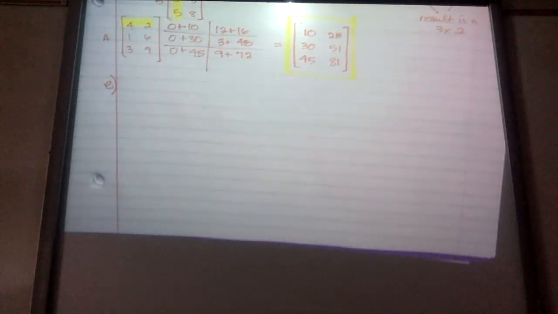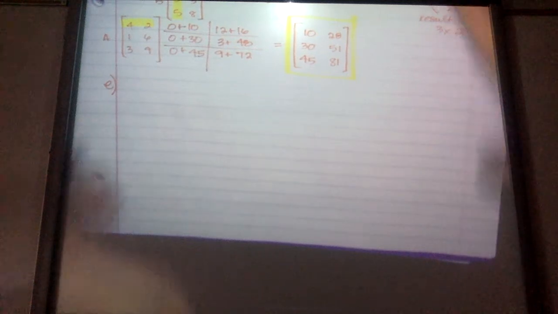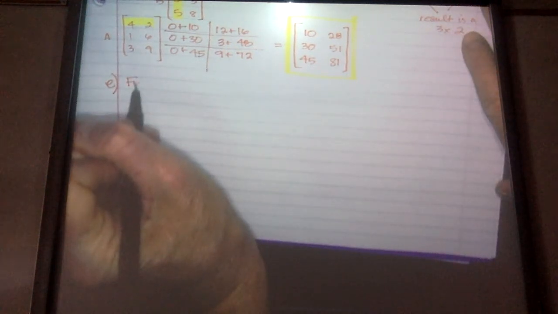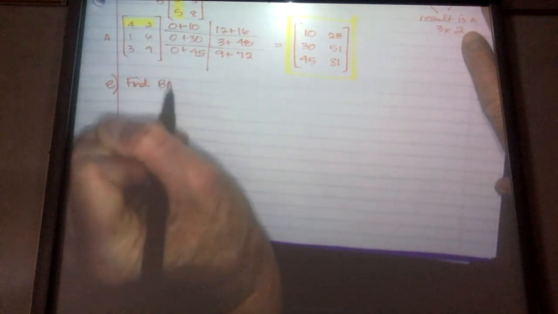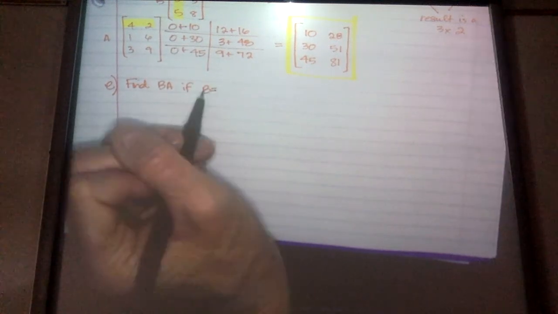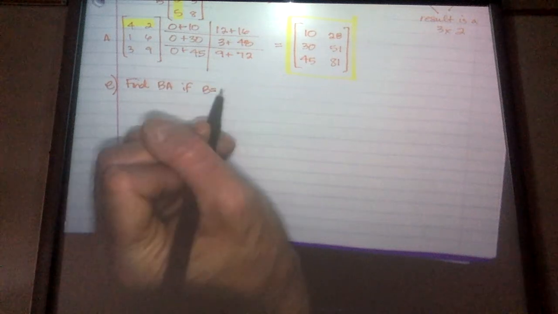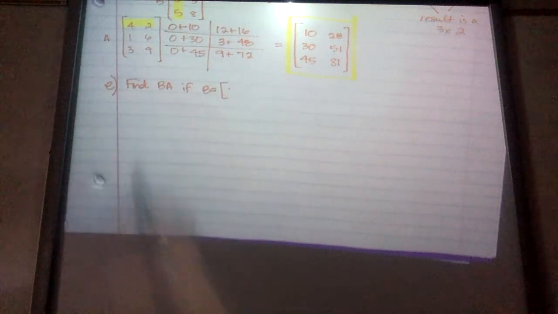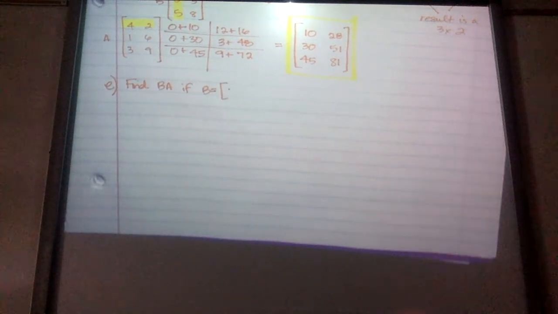All right, so I'm working in the dark here. Find BA if A, see, this is why I need erasable pens all the time.